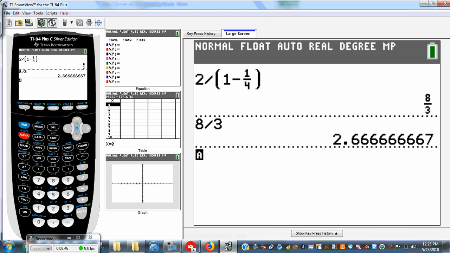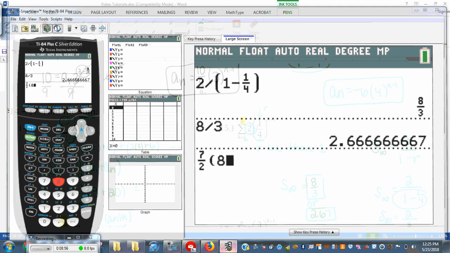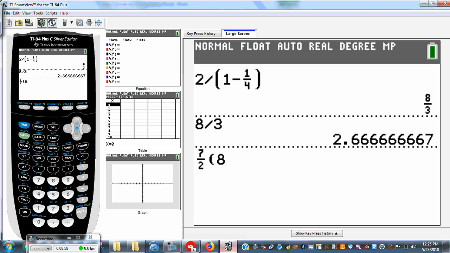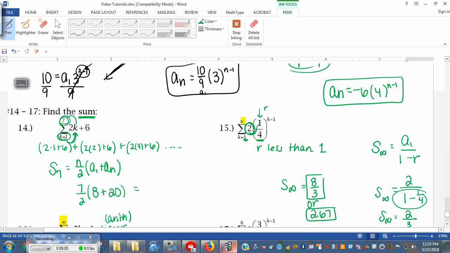And again, use alpha y equals anytime you're using a fraction. Whenever you use alpha y equals, it'll keep it in fraction form for you. What is it, 8 plus 20, oh, so 28. 98.